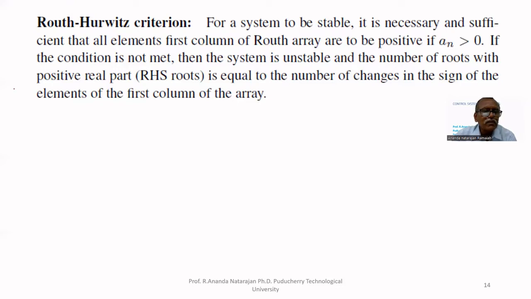Let f of s, that is the characteristic polynomial, equal a n s power n plus a n minus 1 s power n minus 1 plus a n minus 2 s power n minus 2 plus etc., plus a1 s power 1 plus a naught.